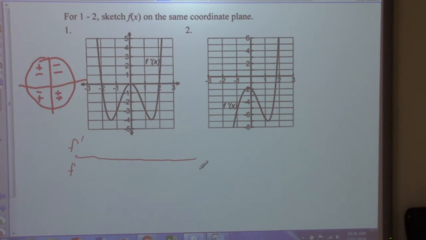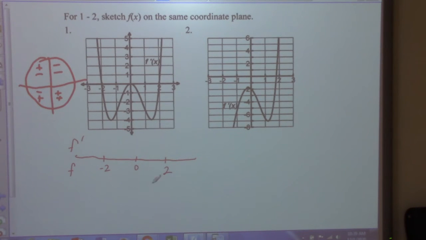So where do we have our critical numbers? At negative 2, 0, and 2. So there they are. And what are the signs up here? Do you see above or below the x-axis?